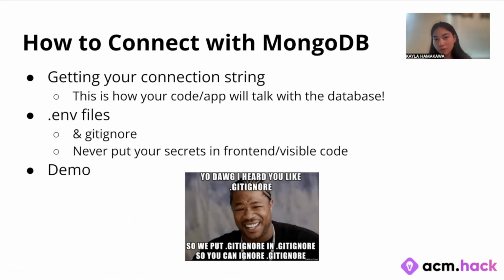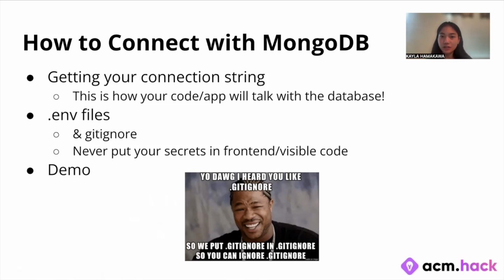And then how to connect with MongoDB. What you're going to want to do is get your connection string. This is how your code slash React app will be able to talk with your database, because obviously we want to be able to use the stored data in our MongoDB database for our application.